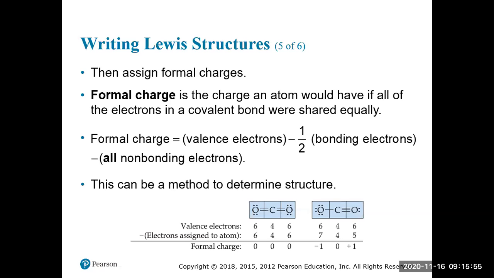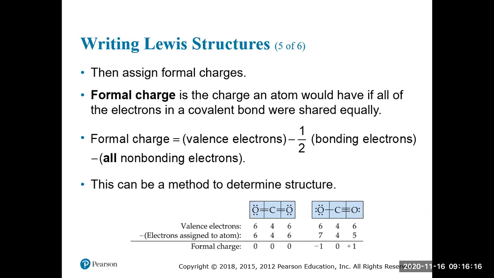And if we look at our Lewis structure, that all balances. Or we could have a CO2 drawn where we have a single bond to one oxygen and a triple bond to the other oxygen.